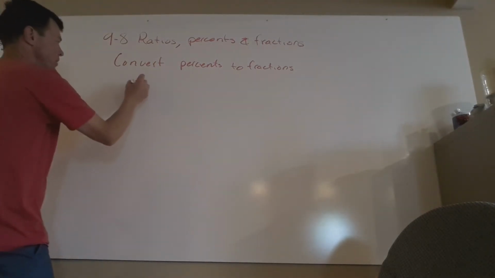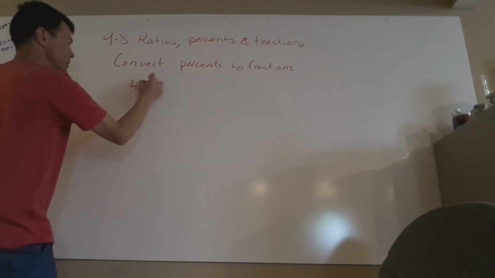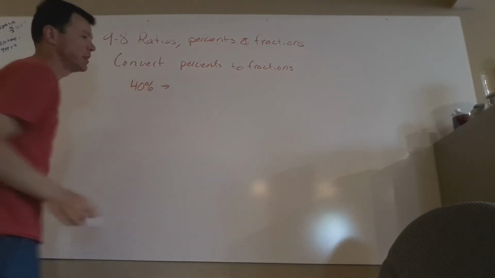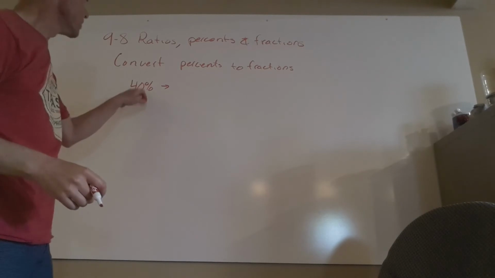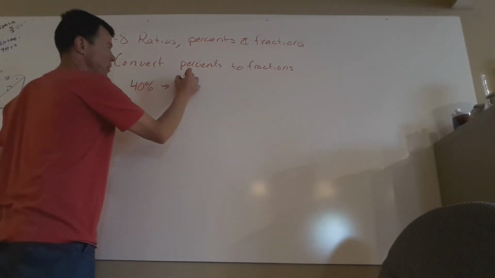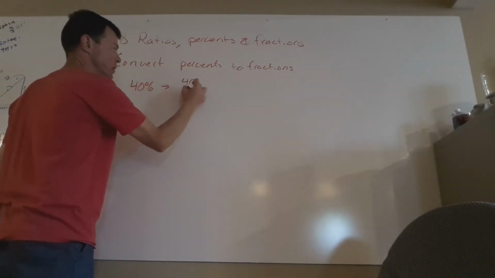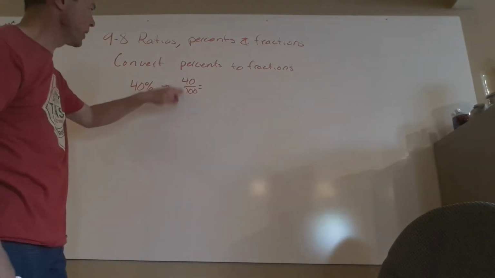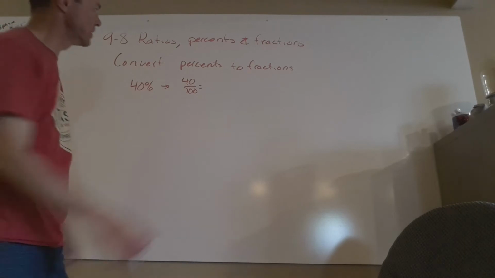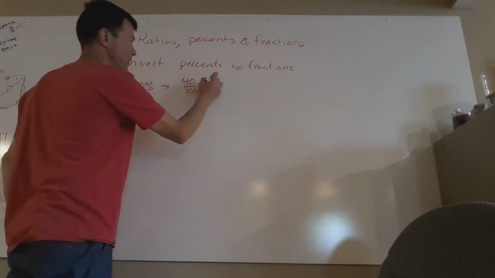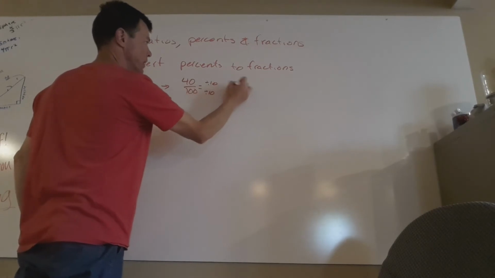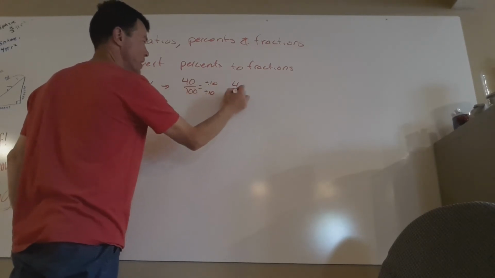All right, so let's say we're looking at 40%. We're going to convert 40% to a fraction in simplest terms. As you know, 40% is 40 out of 100. It's definitely not in simplest form because I can easily divide 10 into those. If I divide top and bottom by 10, I get 4 out of 10.